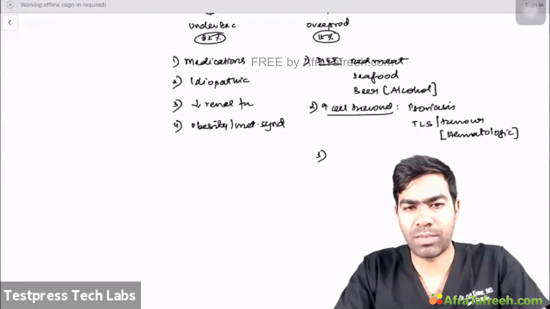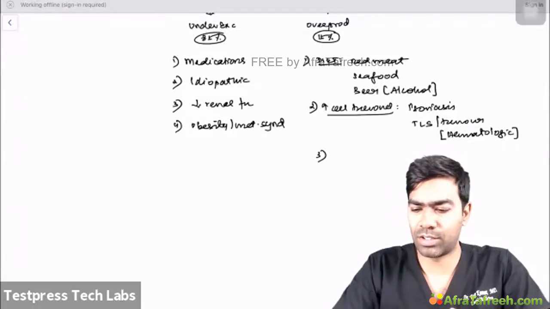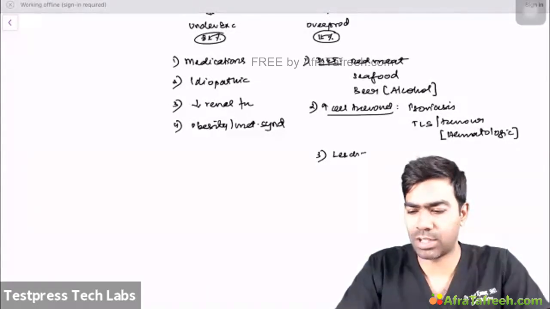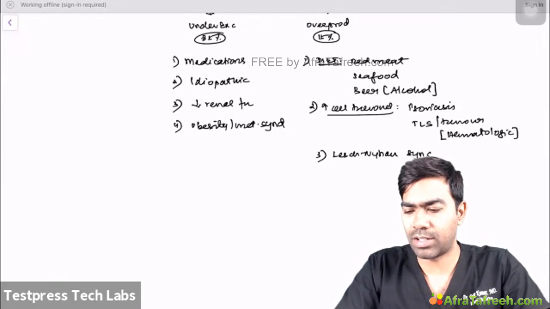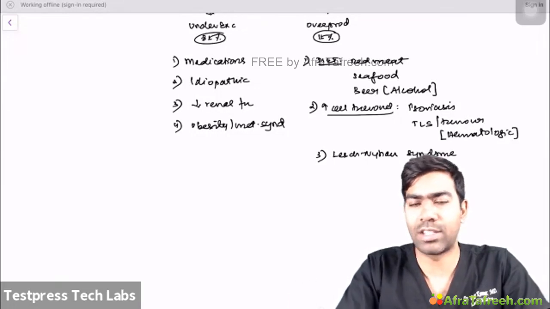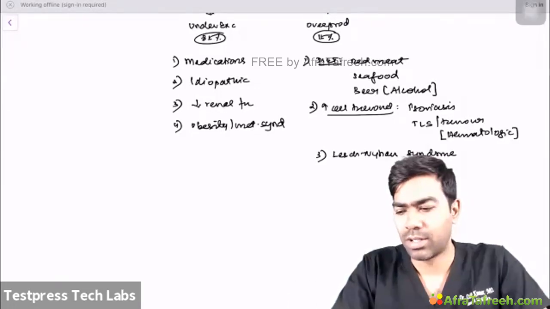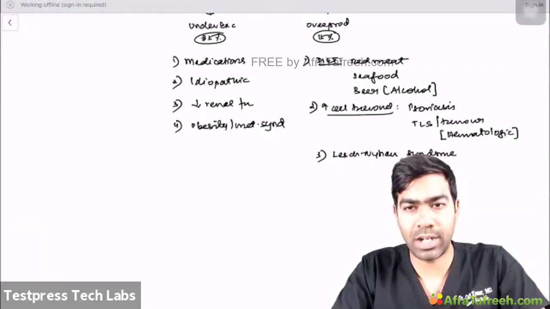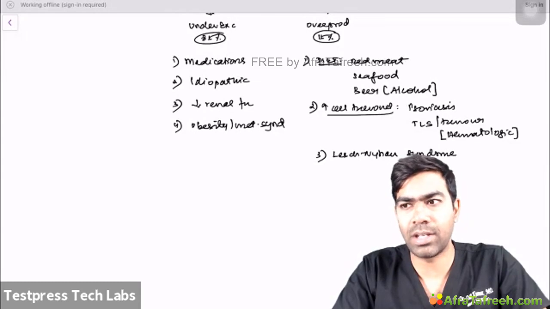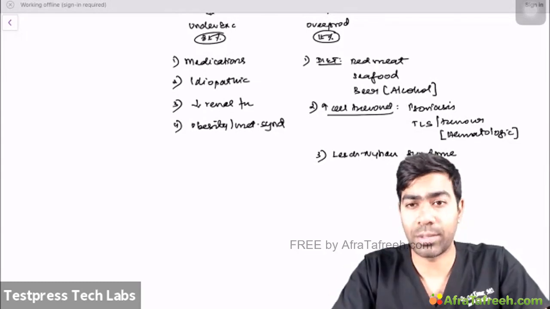And then apart from that, you can get it in certain genetic conditions. Like Lesch-Nyhan syndrome, that's not very important because that's a very rare disorder. Do you know what Lesch-Nyhan syndrome is? It is due to HGPRT deficiency, hypoxanthine-guanine phosphoribosyltransferase deficiency, where the patient will have a little bit of mental retardation and that kind of self-mutilating behavior.